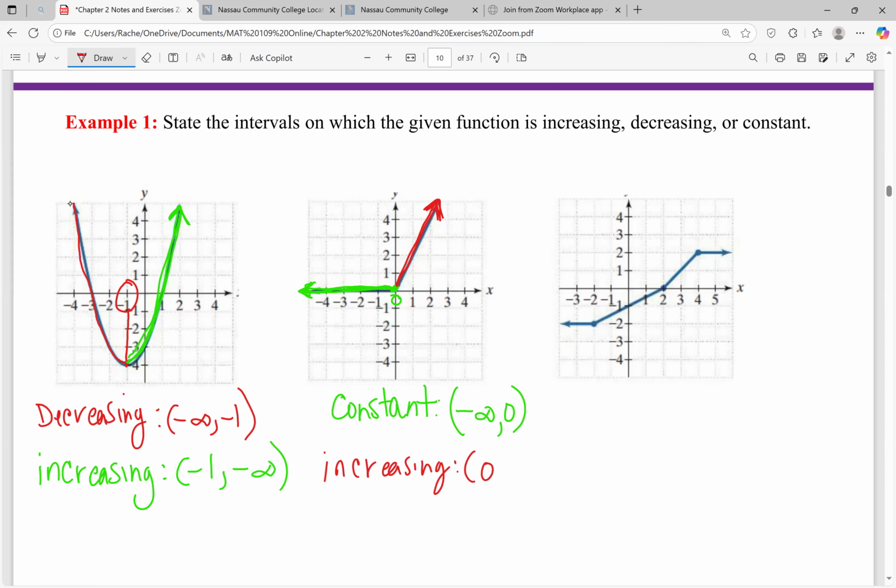And let's say we had something like this. So now if I had the point, let's say (2, 3) on this graph, and we were to fold the paper in half horizontally along the x-axis, these two pieces of the graph would match up, right?